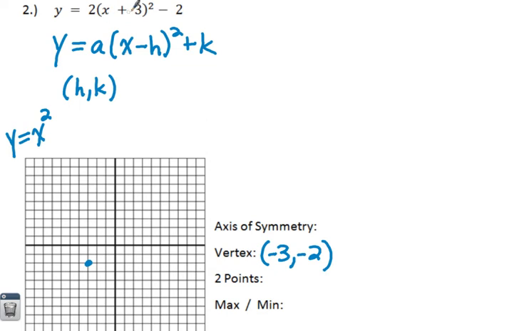It's a horizontal shift of going left 3, and this number added onto the equation would shift our entire parabola down 2. So this parabola has a vertex at 0, 0, but this plus 3 inserted into the equation moves it left 3, and this minus 2 inserted at the end of the equation moves it down 2.